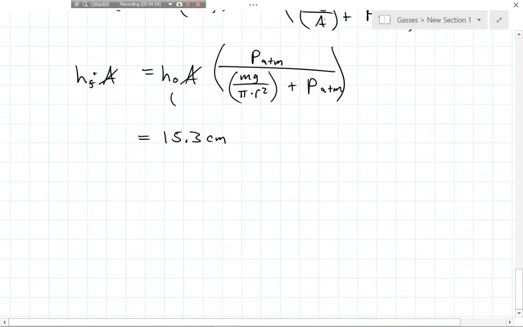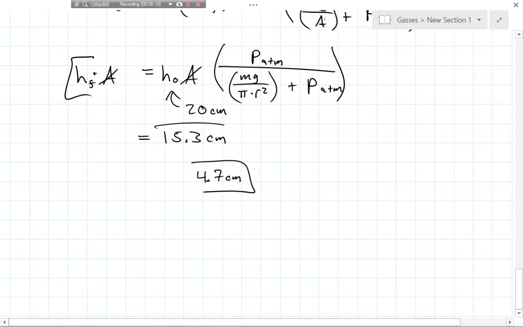That's what I plugged in here. And now the final height is going to be 15.3 centimeters. So this means that the lid moves downwards by 4.7 centimeters. So this is the delta H, how far the lid moves down when a 100 kilogram mass is placed on the lid.